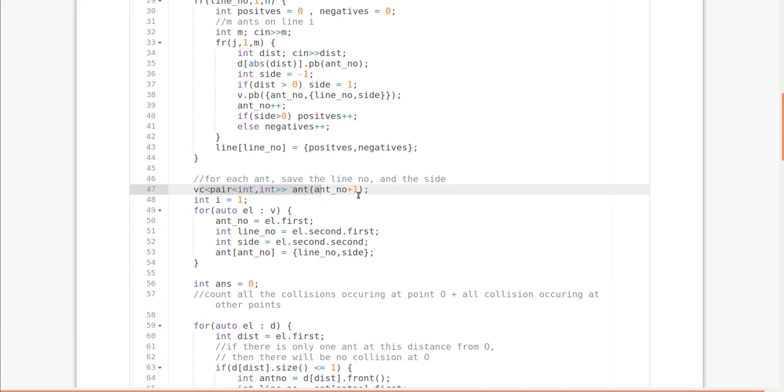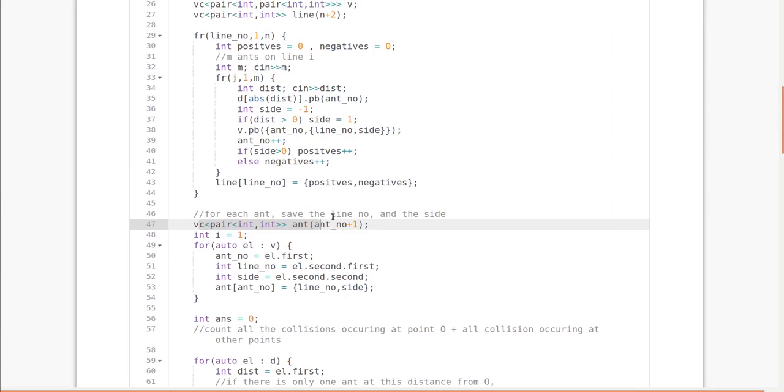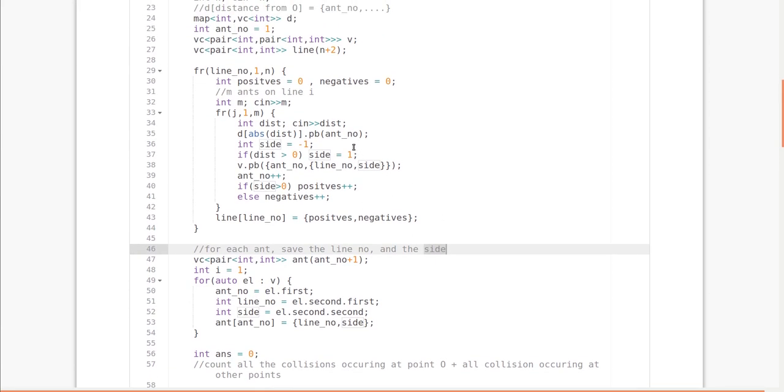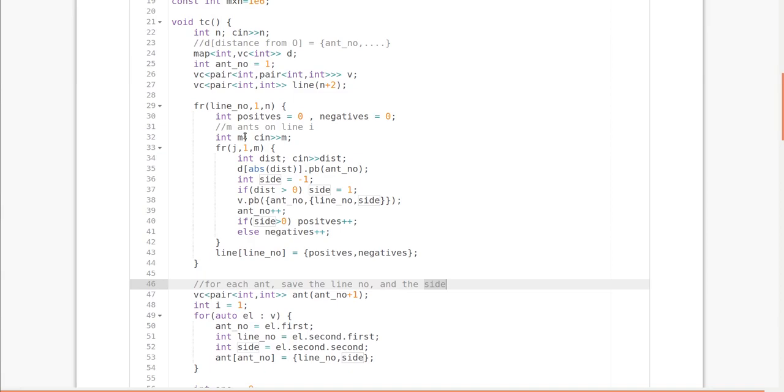then I'm creating a vector to store for each ant the line number on which it currently is, and the side of the line. Side means whether it is on the positive side or on the negative side. So for each line from 1 to n, the number of ants on the positive side is 0 initially, and on the negative side is also 0.